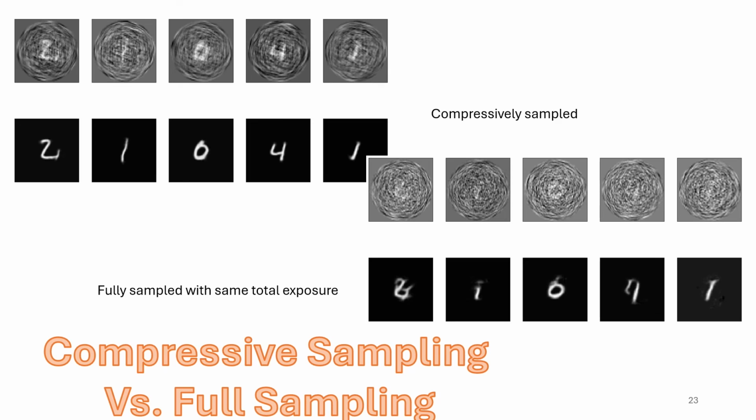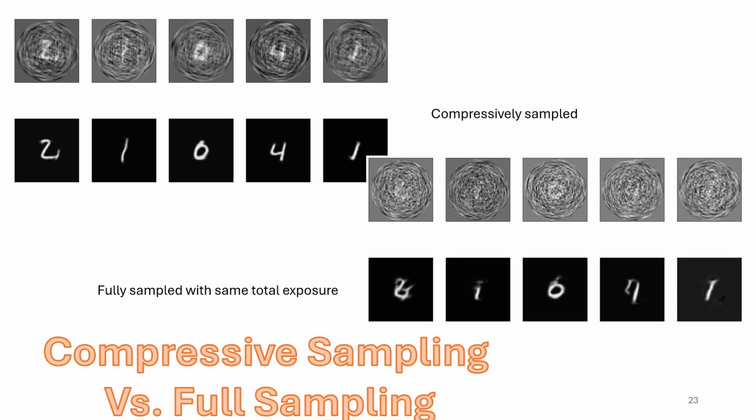At the top is the algebraic reconstruction from the compressively sampled data, and at the next row is the neural estimated image from the compressively sampled data. At the lower right, we have the same thing with fully sampled data. So we've measured the full set of rays through the object, and the top is the algebraic reconstruction, and the bottom is the neural reconstruction from that data.